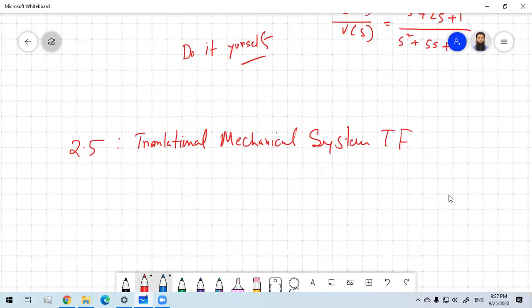Translation means basically linear movement. Those systems that give linear movement, we will deal with that. So that will be, inshallah, our next topic in the next week. So see you in the next class, inshallah.